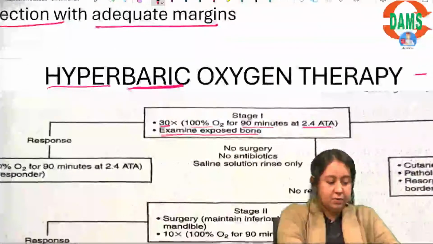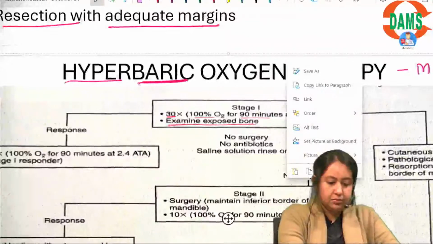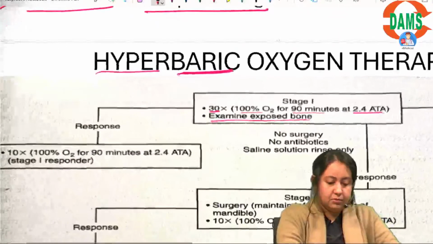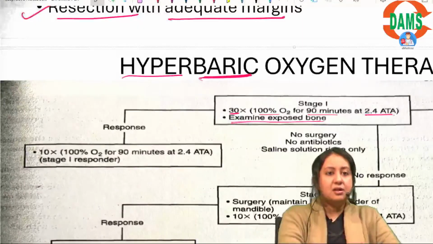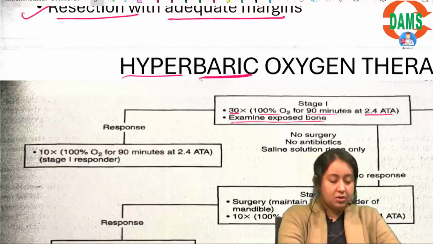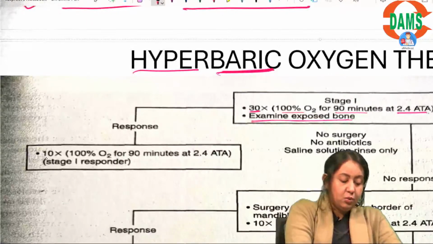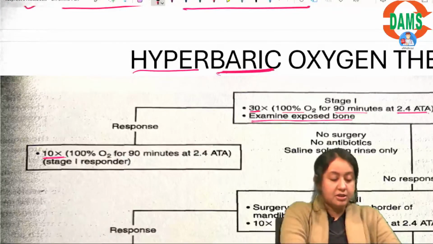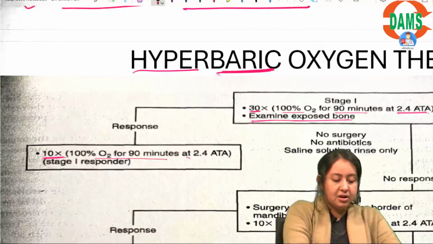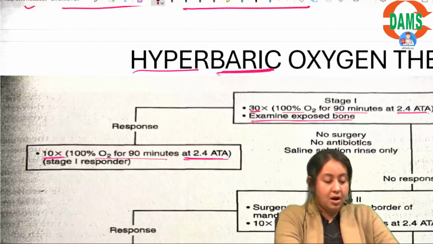Now, if there is response, in that case you go ahead with 10 more sessions of 100% oxygen for 90 minutes at 2.4 atmospheric pressure.